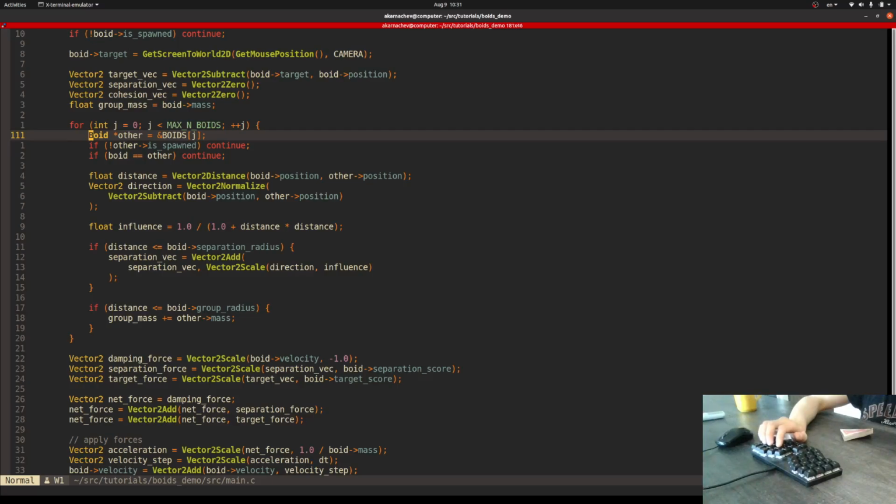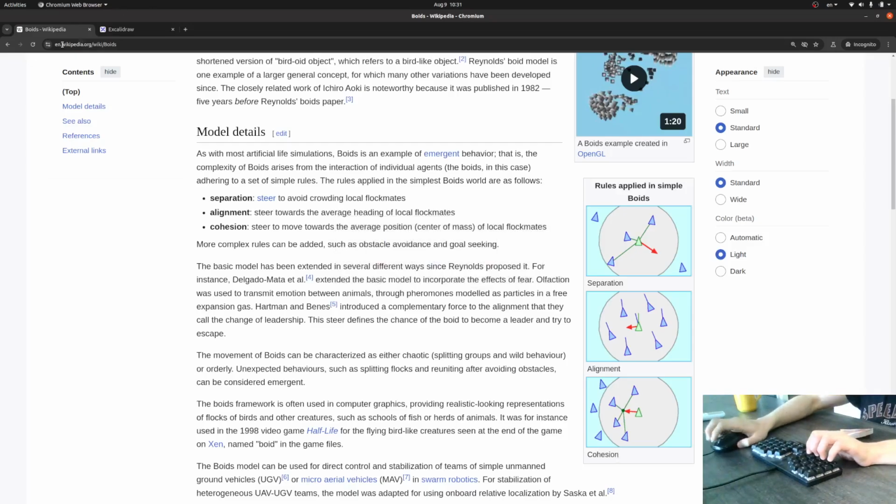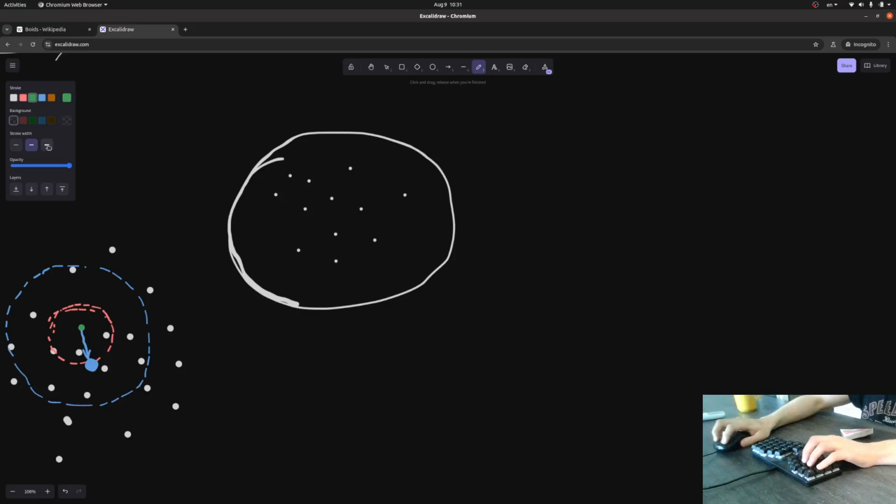Well, let me think. Cohesion vector, I need to draw. Let's say I have a Boid, and I want to drive this Boid towards the center of mass. Okay, so I need basically to compute this center of mass.